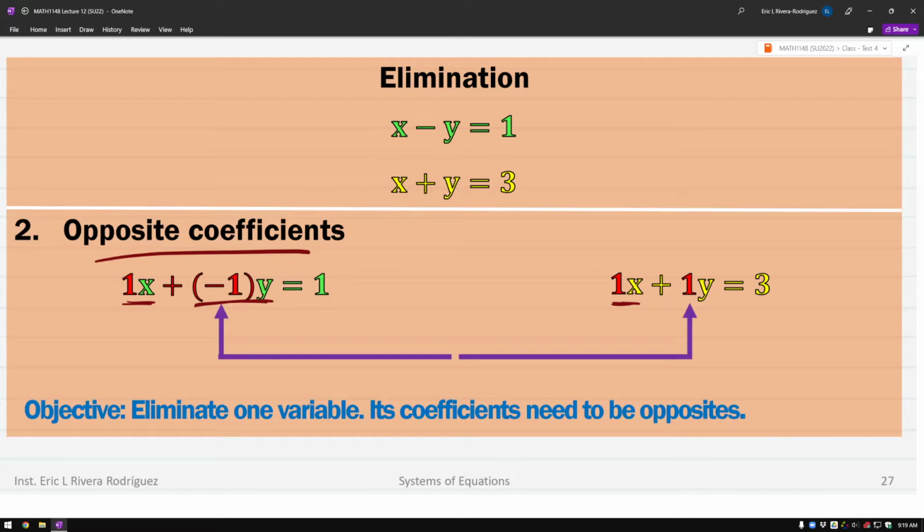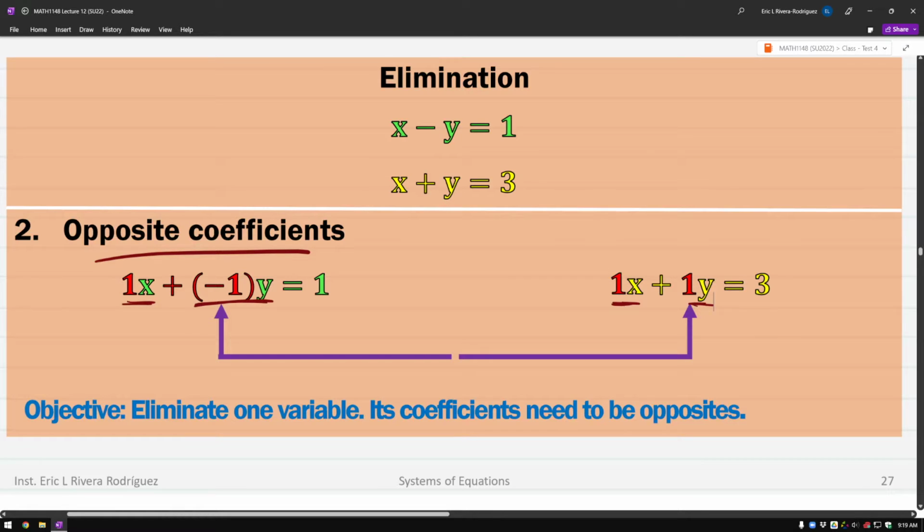They are not opposites. Okay? If we focus on the coefficients of the y term of both equations, we have the first equation, or the green equation, with a -1 coefficient, and the yellow equation, or the second equation, with a +1 coefficient. So these two are opposite. That means if we add them together, we cancel them.